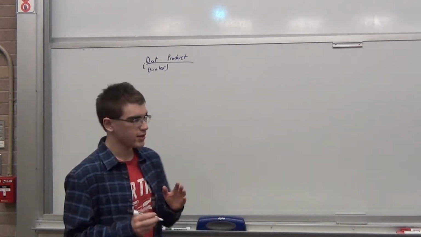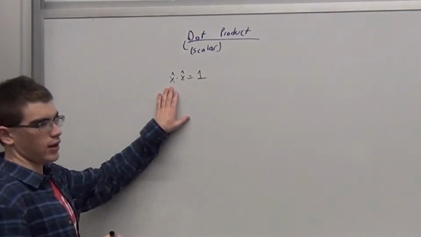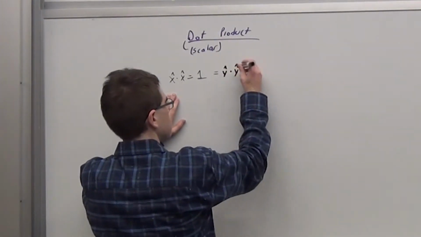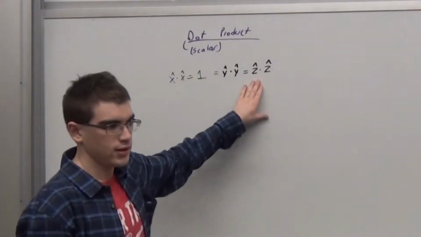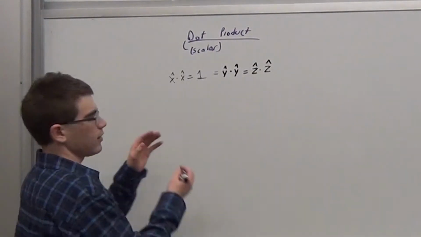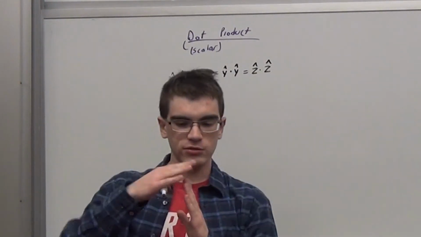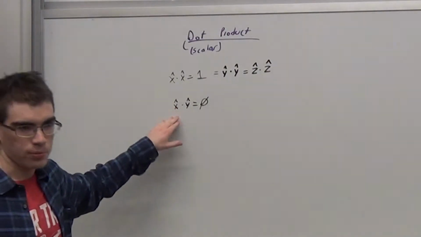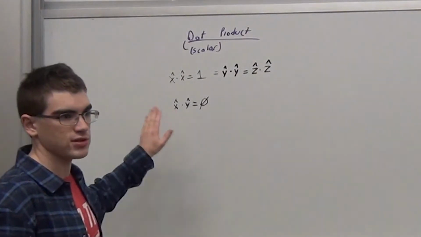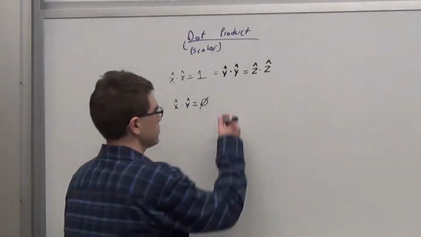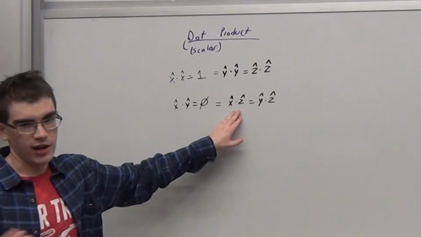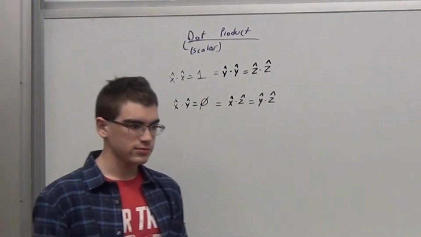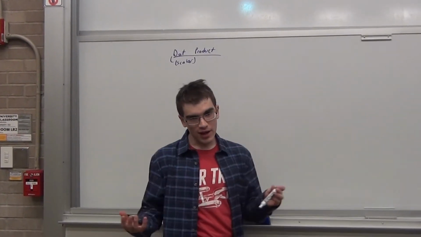So what that means is x hat dot x hat is just equal to 1, which is the same as y hat dot y hat and z hat dot z hat. Now, if I was to look at the perpendicular vectors, the dot product of perpendicular vectors is equal to 0. So x hat dot y hat is 0, and x hat dot z hat and y hat dot z hat are also 0.